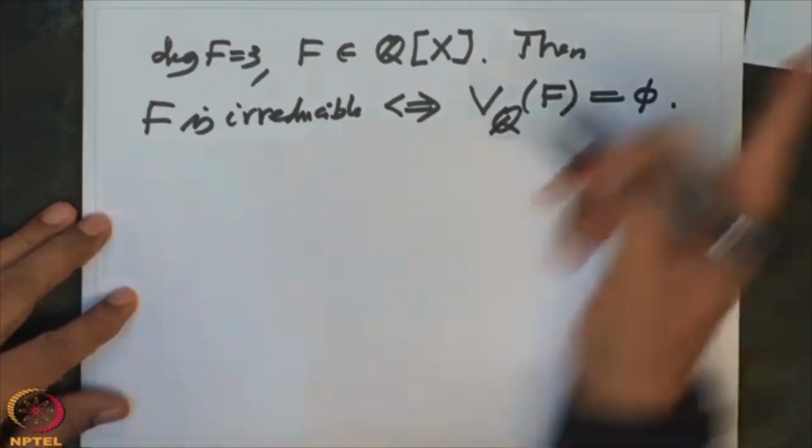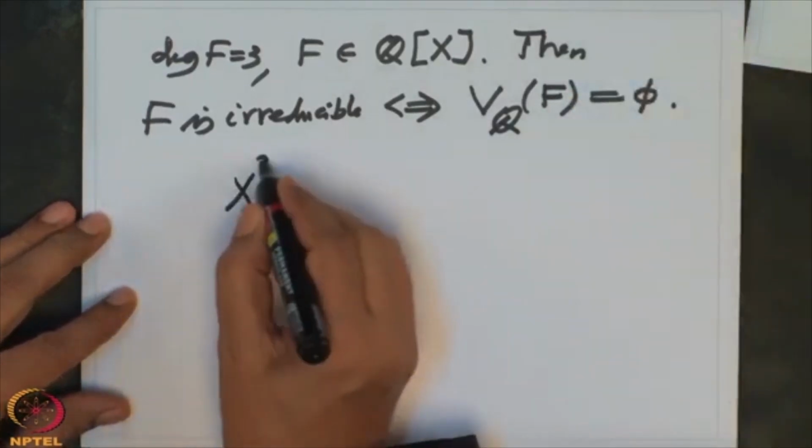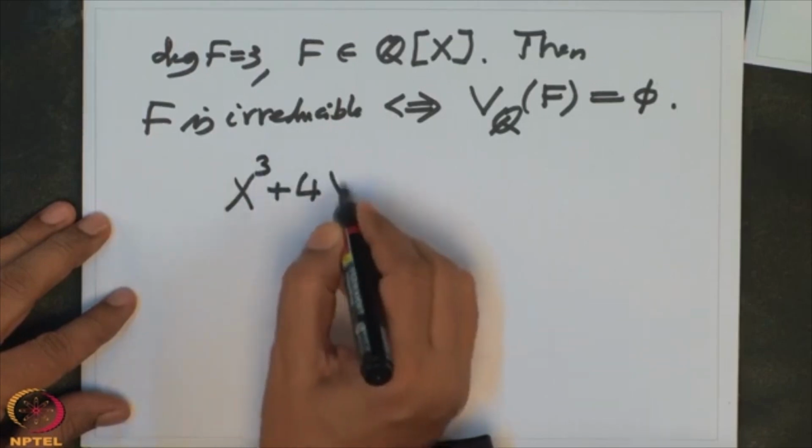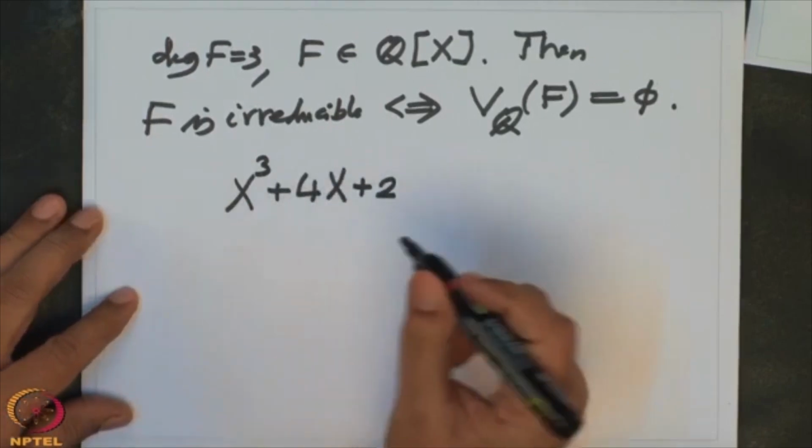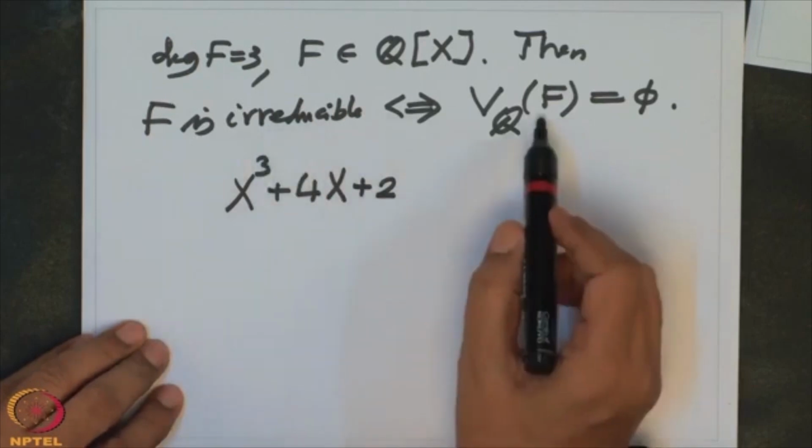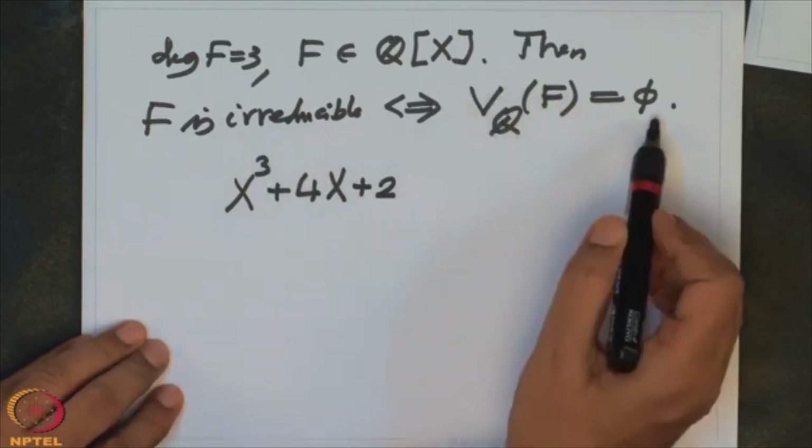So to test whether the given polynomial x cubed plus 4x plus 2 is irreducible, I should check whether this is the empty set or not.